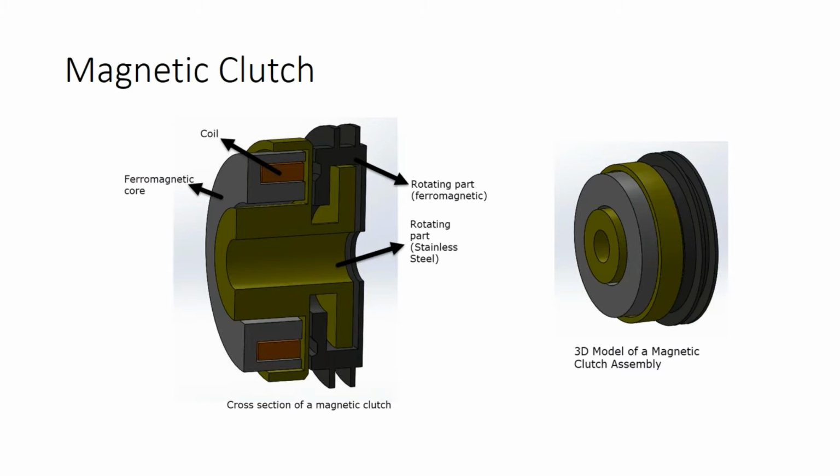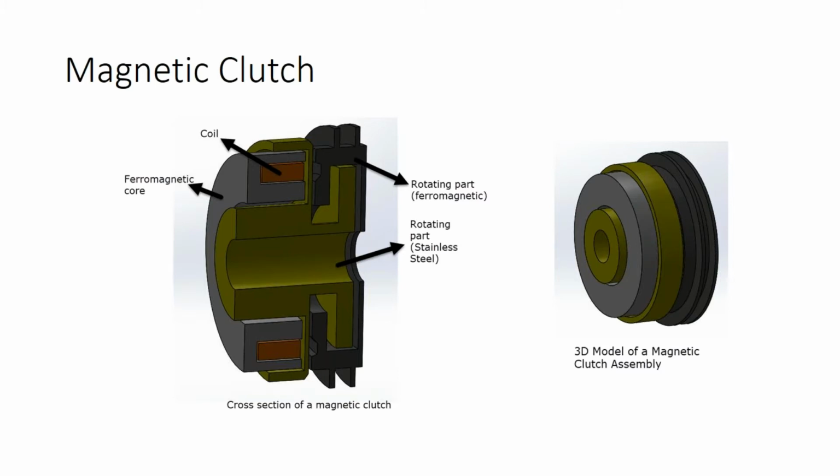That's a little bit brownish, grayish in color in the back. It's a ferromagnetic substance, rotating part, ferromagnet, and that is the follower. When the driver and the follower are engaged, that is when the clutch is engaged, and there is a torque transfer between the driver and the follower.